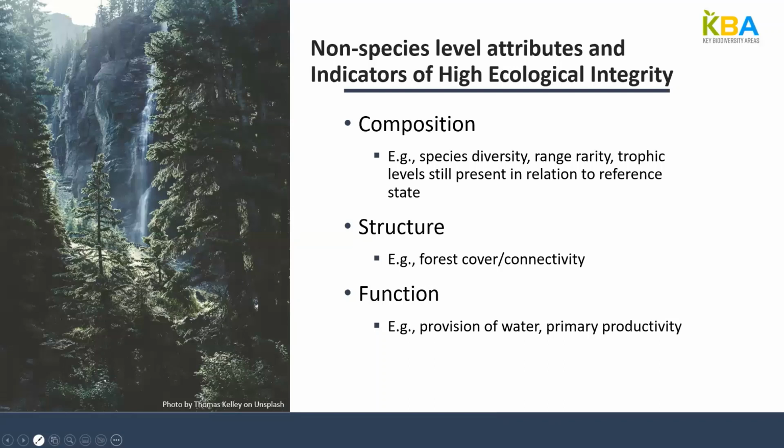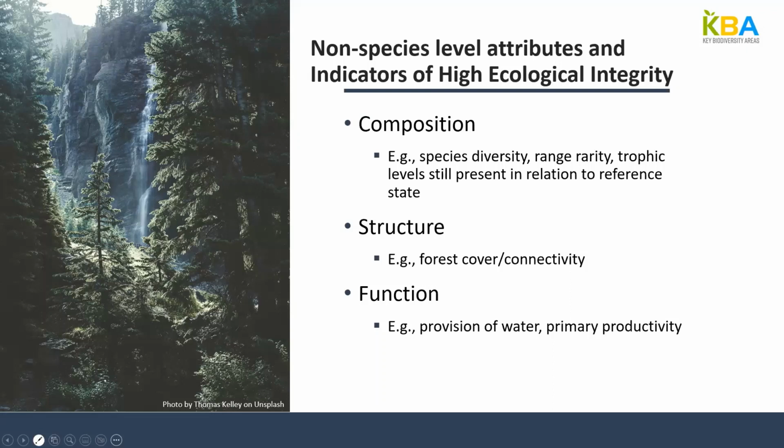And then in terms of indicators at the non-species level, again, for composition, you can measure species diversity. You can show the trophic levels that are still present at the site and then compare it to a high integrity reference state site.